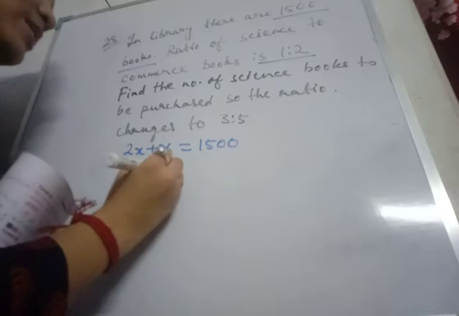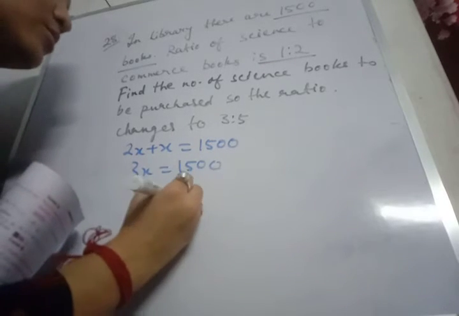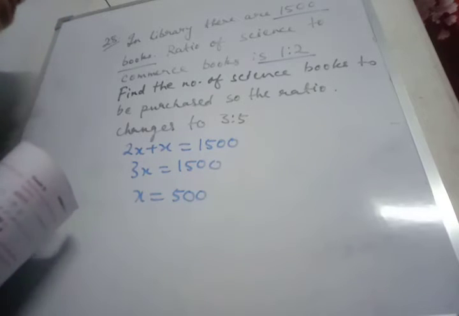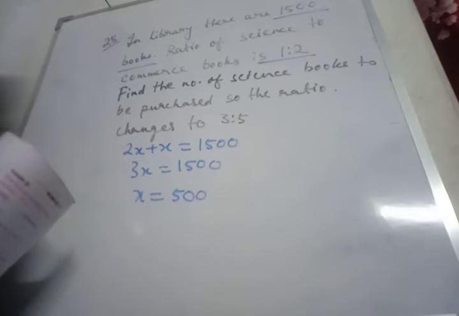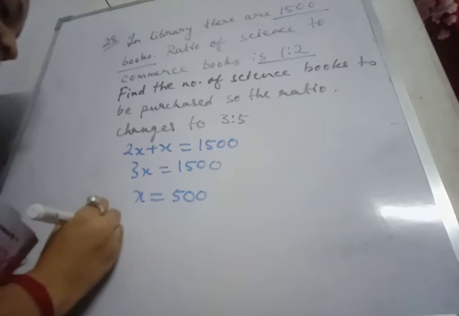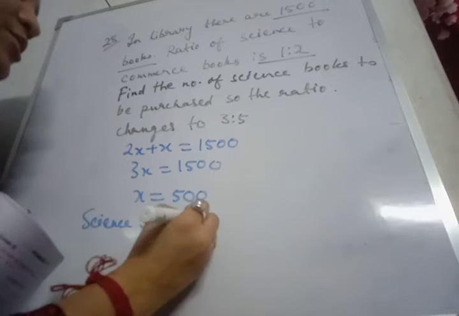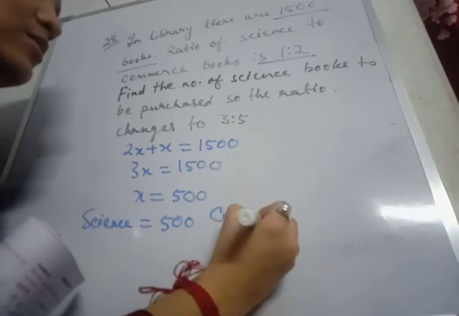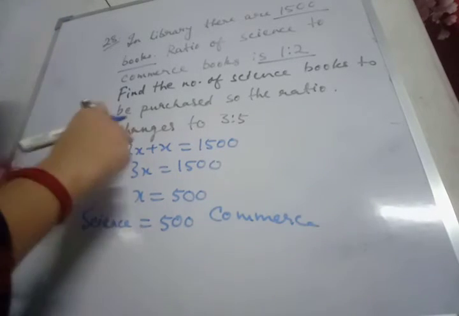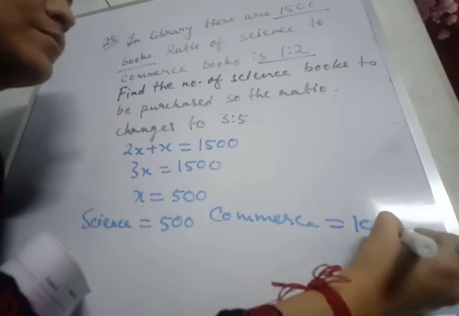So 3x equals 1500, or x equals 1500 by 3, that is 500. That means the number of science book is 500 and commerce book is 2x, that means 2 into 500, so 1000.